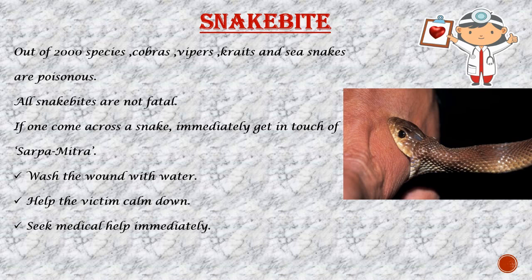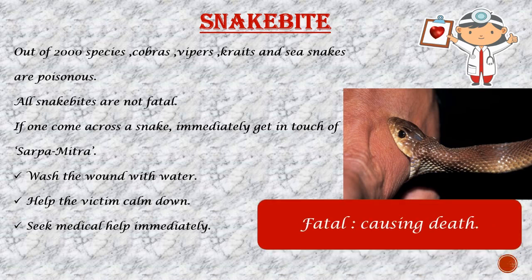Fatal means causing death. Usually the fear of snake bite causes severe psychological shock to the victim that may lead to death. If one comes across a snake, immediately get in touch with a Sarpa Mitra rather than killing the snake at once. Now students, let's see the first aid for snake bite.